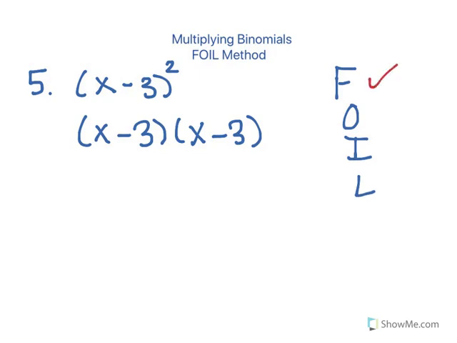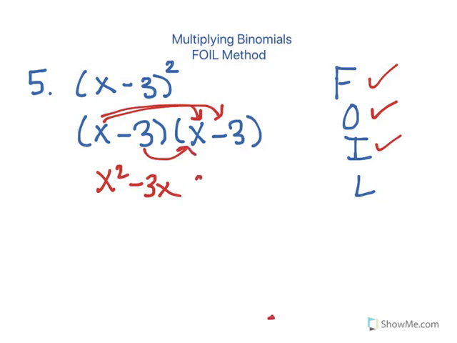So first will be x times x, which is x squared. And then outer is x times negative 3, so negative 3x. Inner, negative 3 times x, negative 3x again.